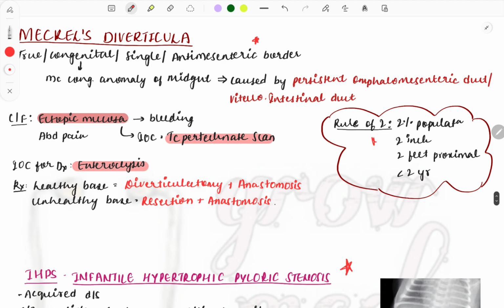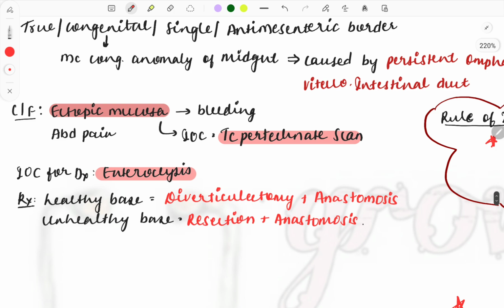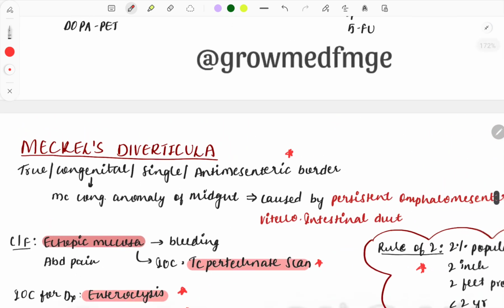Then this is the rule of two, as I think most of you already know about this diverticulum. The investigation of choice is the technetium pertechnetate scan, then enteroclysis, and this is the treatment modality which you will be doing.